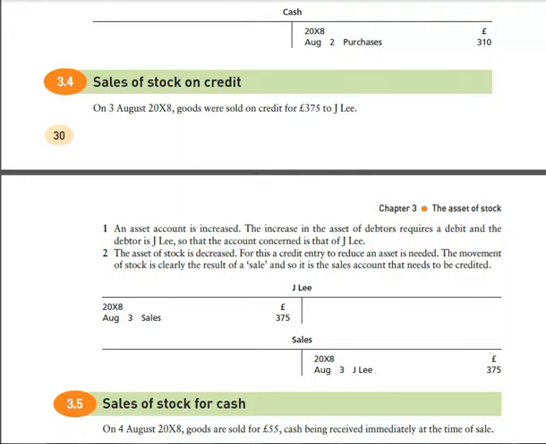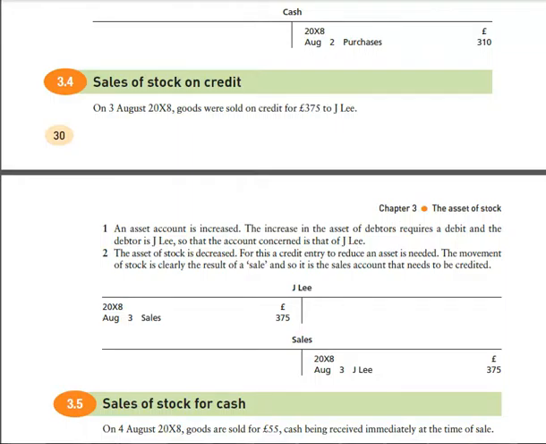Let's go through this entry again. If there is a sale of goods on credit, we will figure out the two effects of the transaction. One would be the sales, the other would be either an increase in cash if it's a cash account, or an increase in the debtor account. What is a debtor?